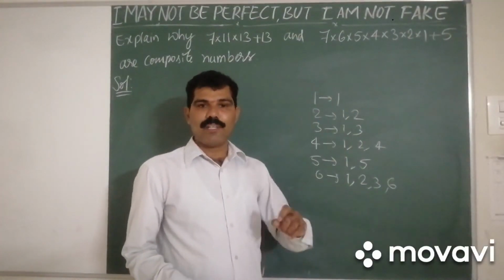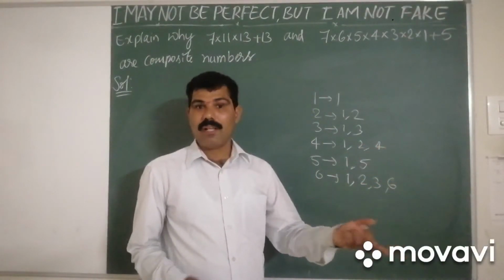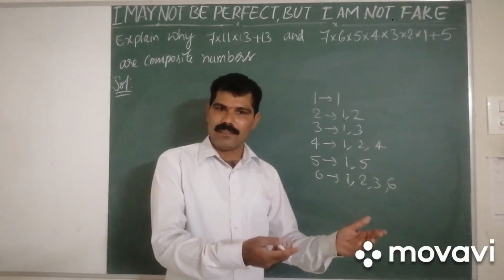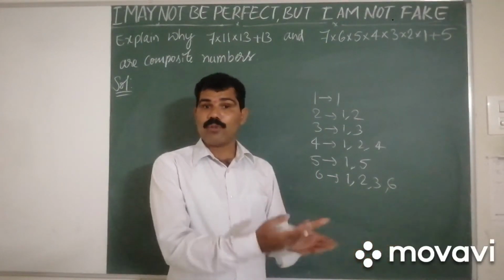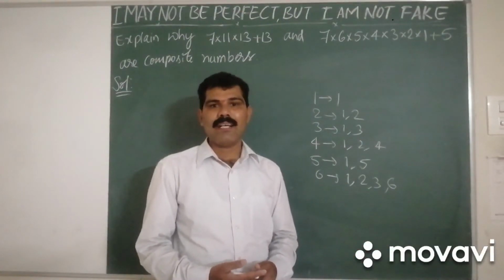If we have only 1 and the number itself, then we call it a prime number. Apart from 1 and itself, if we are able to write the number as a product of factors, then we call those composite numbers.